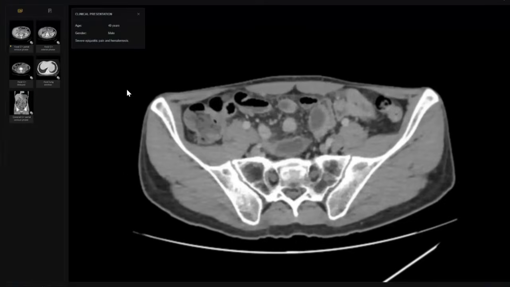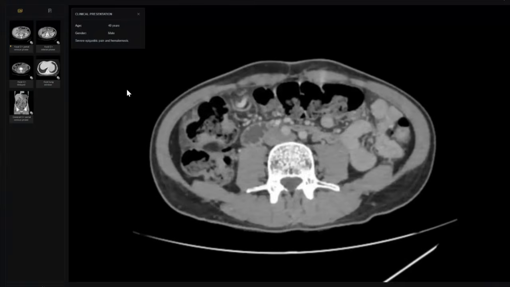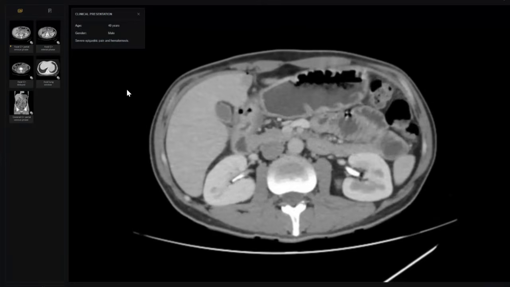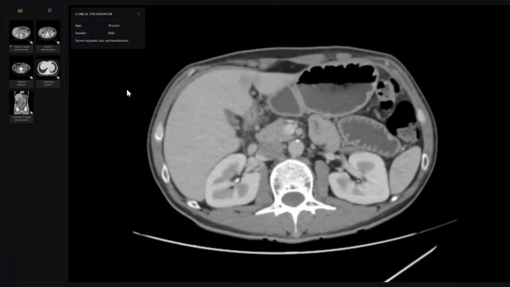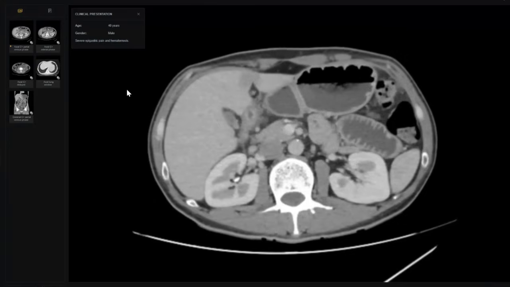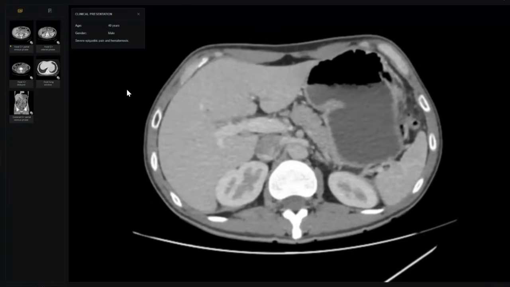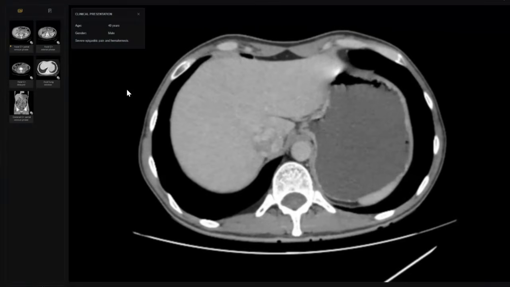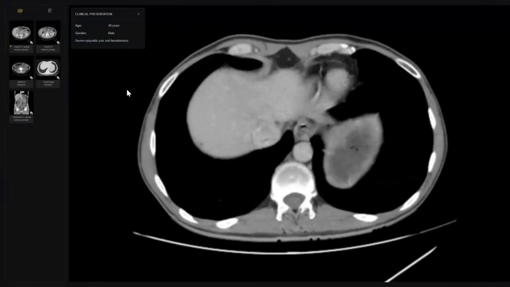The most striking abnormality is lucency anterior to the liver and at the subdiaphragmatic area, suggestive of pneumoperitoneum.